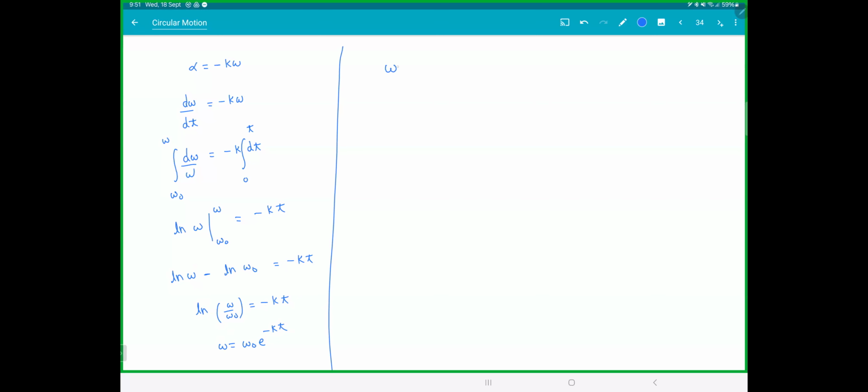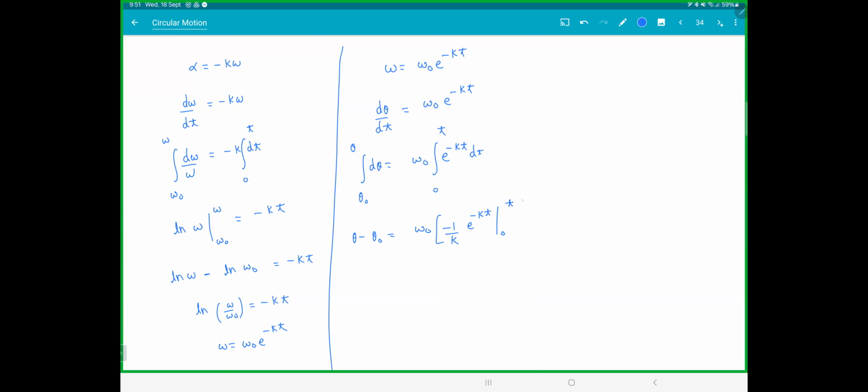Then what? Once you got omega, again you have to integrate for theta. So omega is d theta by dt. So we get d theta equals omega naught e power minus kt dt, an integral. This will have limits theta naught to theta and 0 to t. This is theta minus theta naught equals omega naught times minus 1 by k e power minus kt.